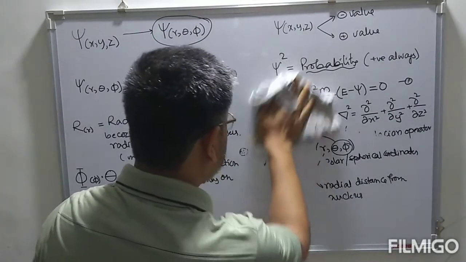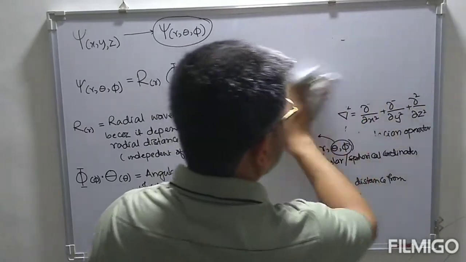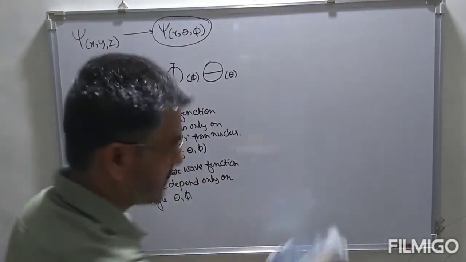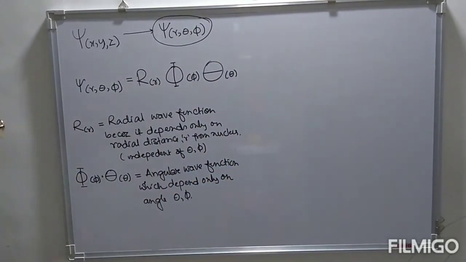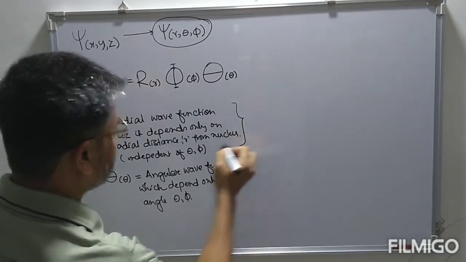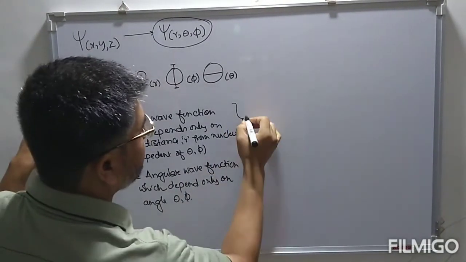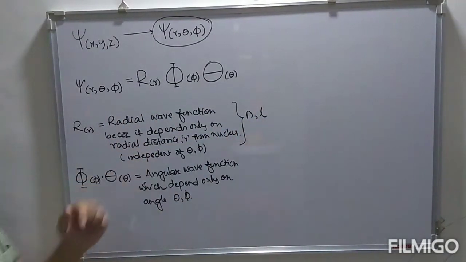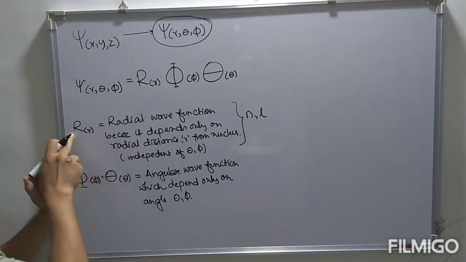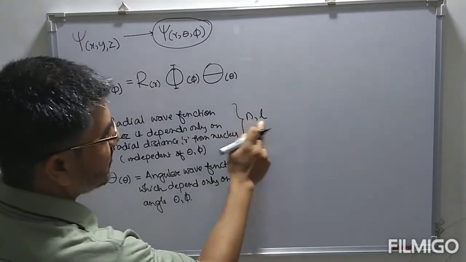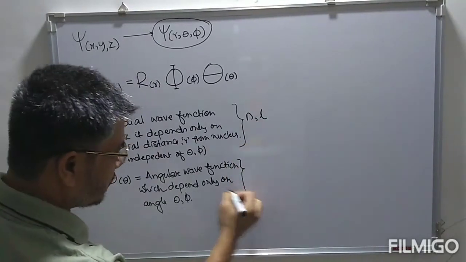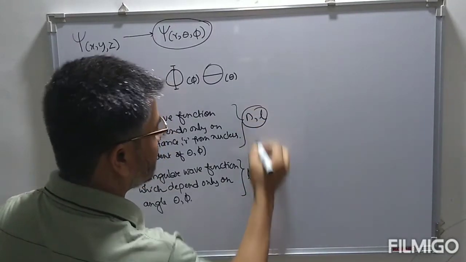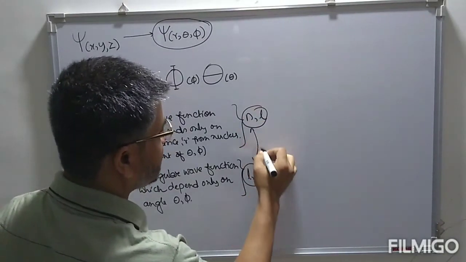On solving this, we get different possible values acceptable for a particular electron. The radial wave function depends on quantum numbers n and L. We'll discuss quantum numbers later on, but just for information, the radial wave function depends on quantum numbers n and L, whereas the angular wave function depends on quantum numbers L and M.